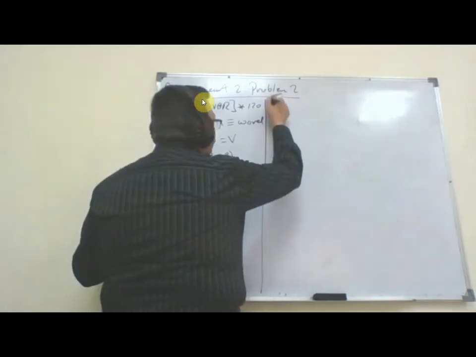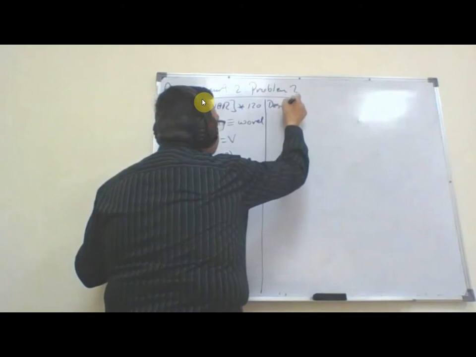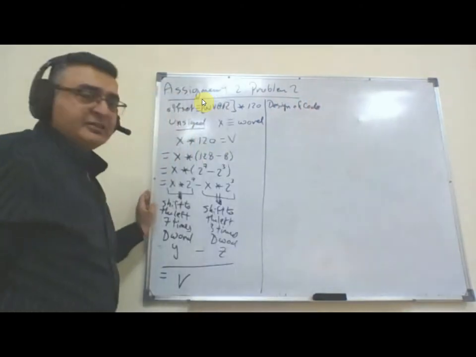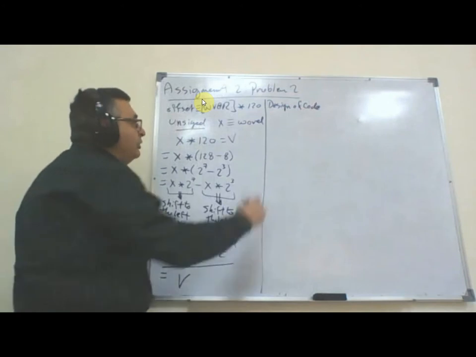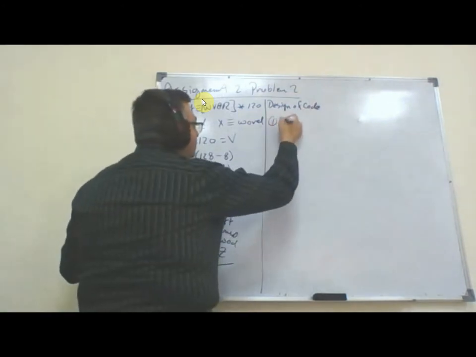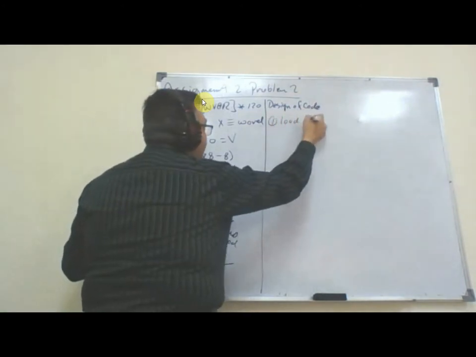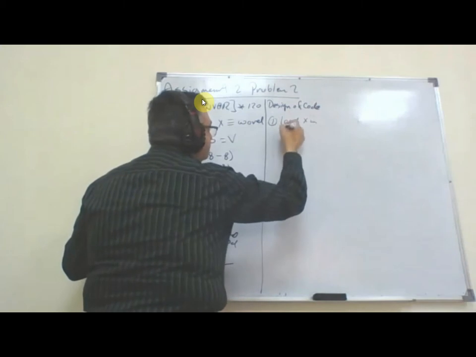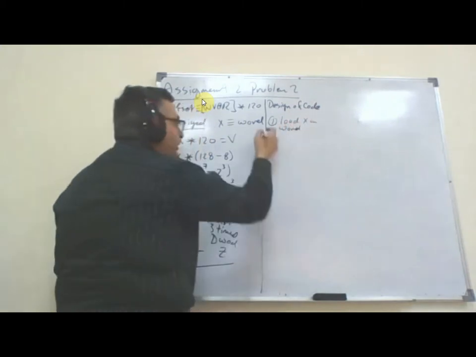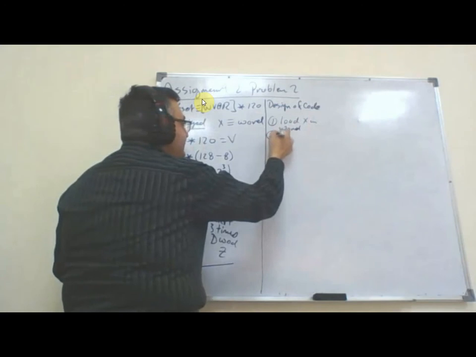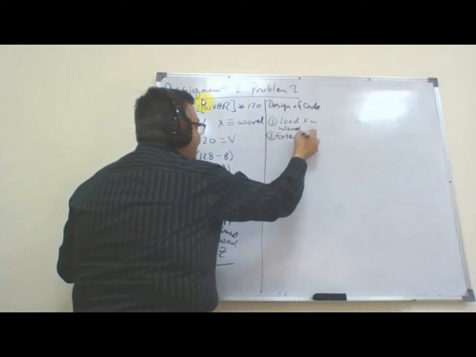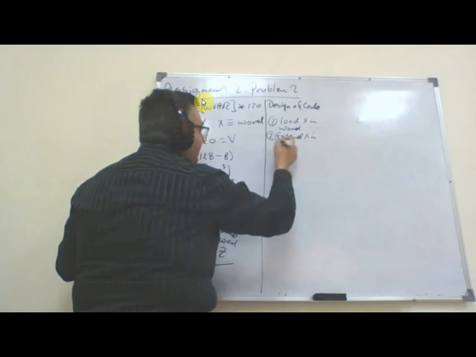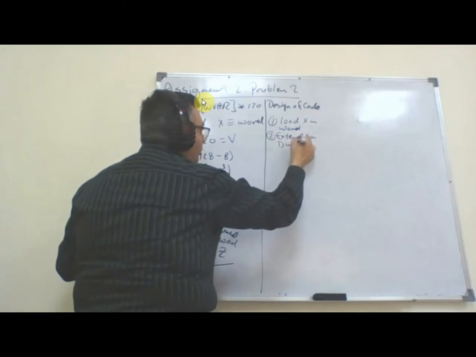Now the design of the code. In the design of the code, step number 1, load x in a word. Step number 2, extend x to a double word.